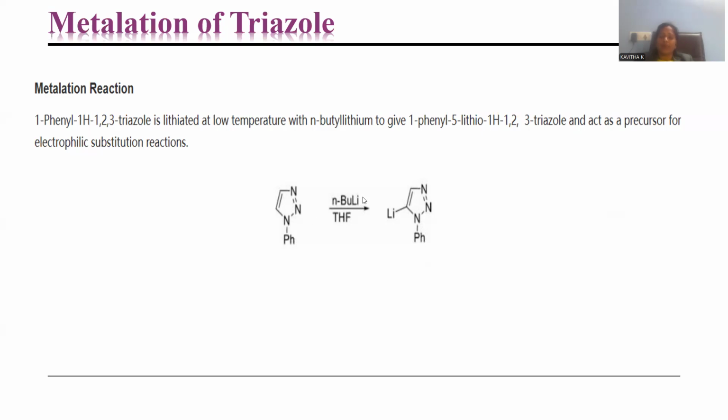Lithium, positively charged, is able to bind at position number 5. So here, whenever lithium positive comes, that H positive will be replaced, right? H positive will generate n-butane as the byproduct. This is the way lithiated triazole is the final product.